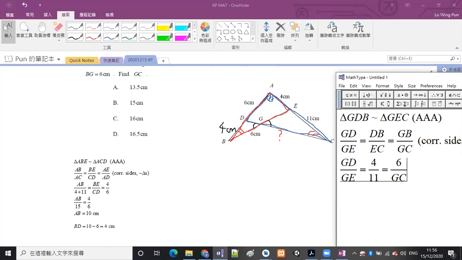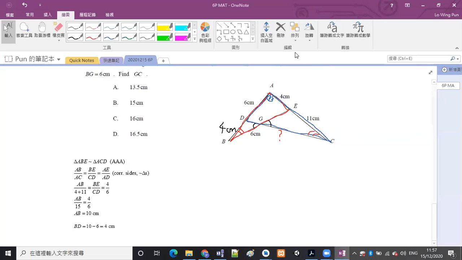Okay? Can you see that these two fractions form an equation? We know 3 out of the 4 parts, so we can actually find the answer from this. Okay, so 4GC is equal to 66, and then GC is equal to 66 divided by 4, which is 16.5 cm.